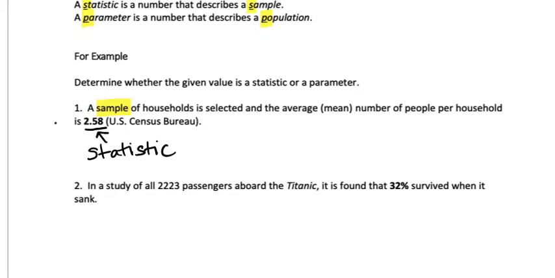Looking at number 2, in a study of all 2,223 passengers aboard the Titanic, it is found that 32% survived when it sank. So this is all passengers. That means that we're looking at the entire population of passengers aboard the Titanic. That's our population in this case. And since it's relatively small, we can calculate exactly how many people survived. This is the 32%. So the 32% is a parameter.